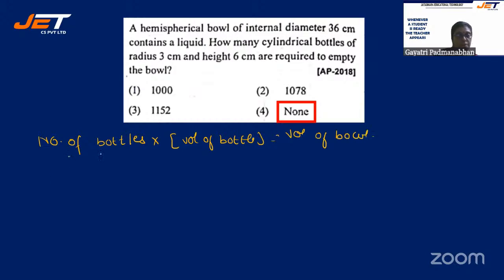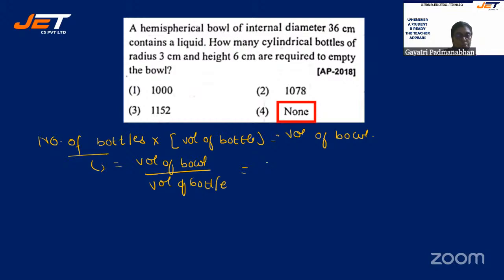So what is number of bottles? It is nothing but volume of bowl by volume of bottle. So what is volume of bowl? And what is volume of bottle?